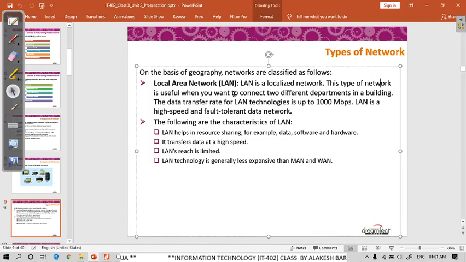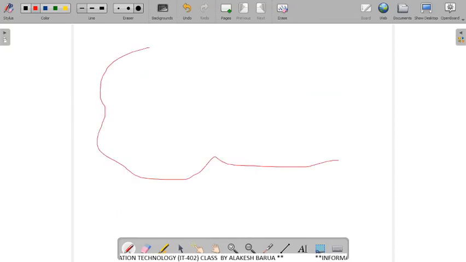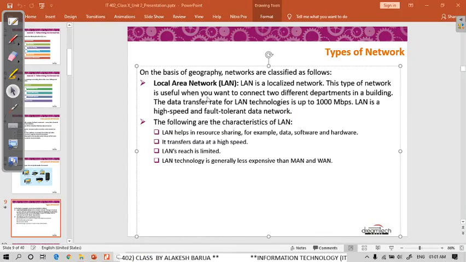On the basis of geography means the area in which a computer network is interconnected. Then it is dependent on the area, or on the individual devices that are used to connect computers in the network.